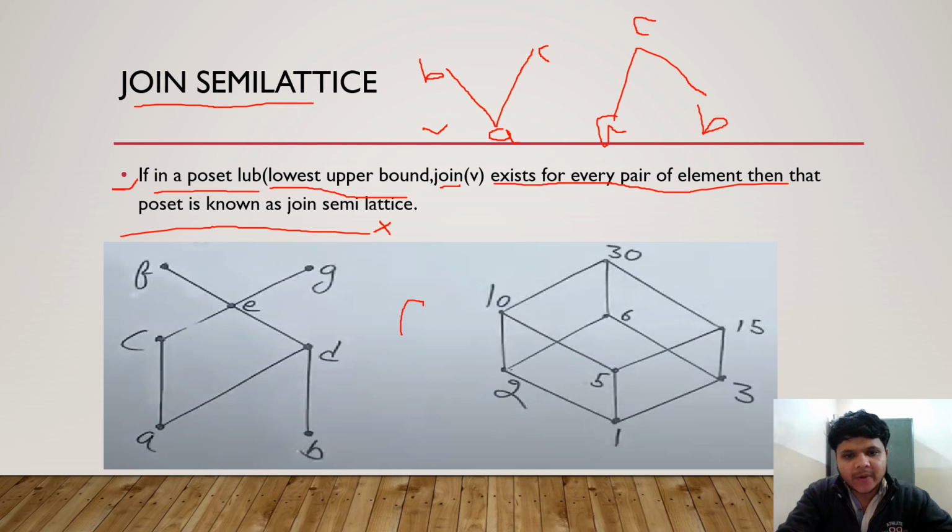That every pair should have one least upper bound. So consider A and C. C is an upper bound, and since there is no element above C, C will be the least upper bound. Considering A and B, B is an upper bound, and since no element is above B, B will be the least upper bound.